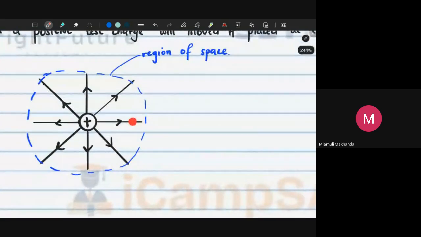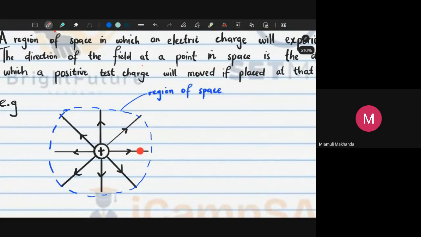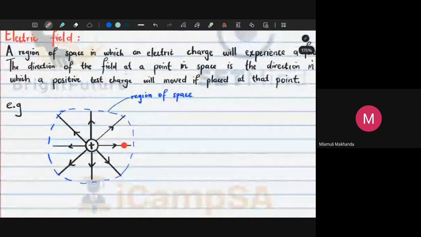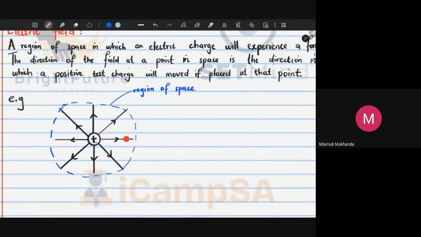Right. So what this is saying is the direction of the field at that point will be in the direction in which a positive test charge would have moved if placed at that point. That direction depends on the charge at the center. This is the charge at the center, this sphere, and it's positively charged.